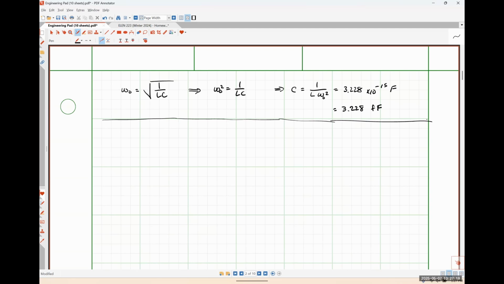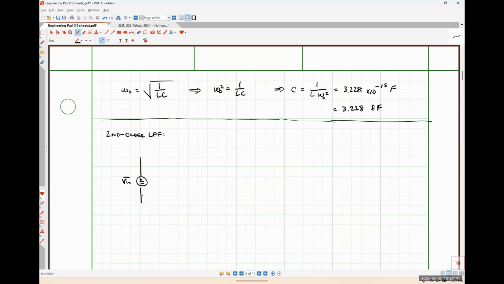So let's start with a low pass filter, okay? So this will be a second order low pass filter, okay? So as I mentioned before, for a low pass filter, we're going to take the voltage drop across just the capacitor, okay? So for our circuit diagram, it's going to look something like this.